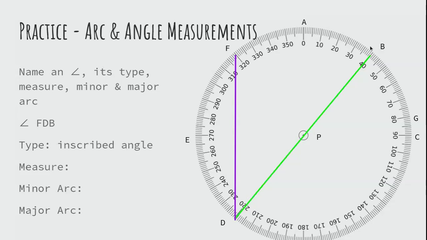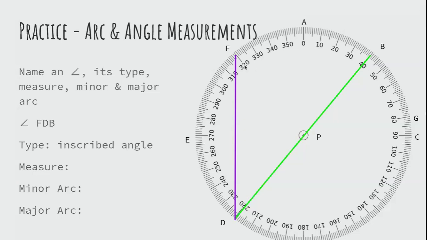Is that the minor arc or the major arc? Count it. How much is it? What's the measure? It starts here. Is it 320? No, from 320 to 40. Count that.